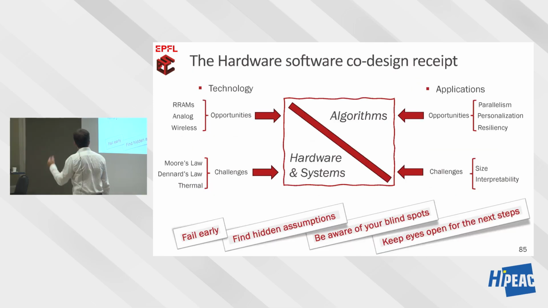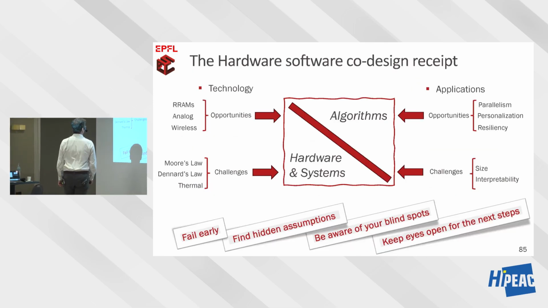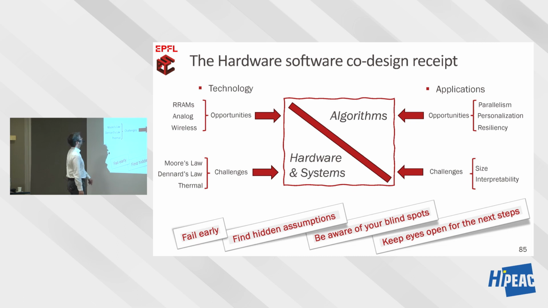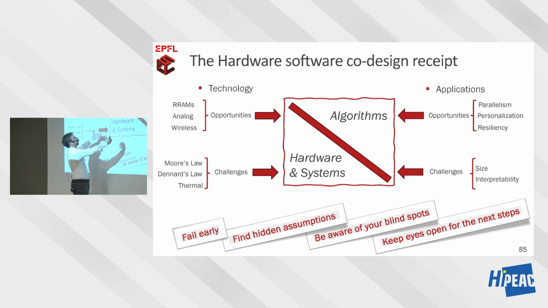In all cases, what we have seen is how we can harness opportunities from the technology and applications, and how we can address challenges from both worlds in order to co-design algorithms and computing systems.